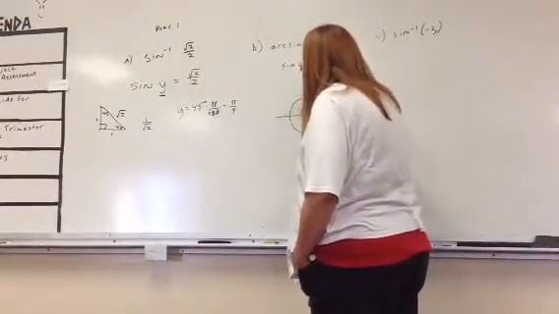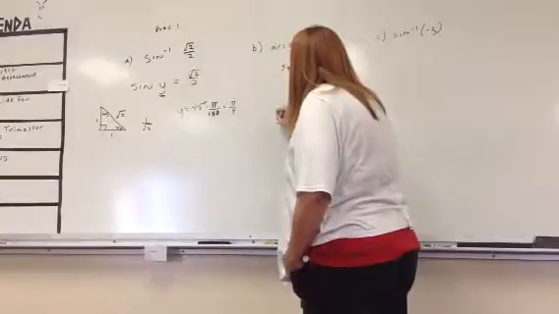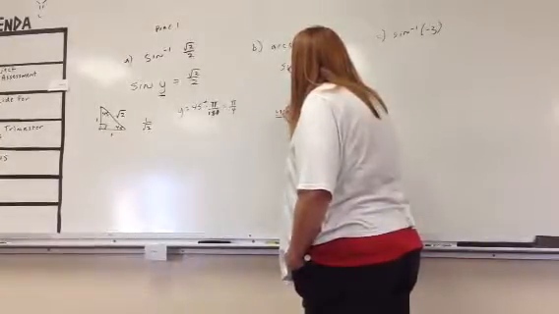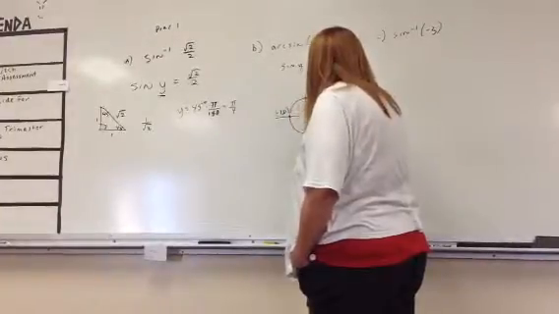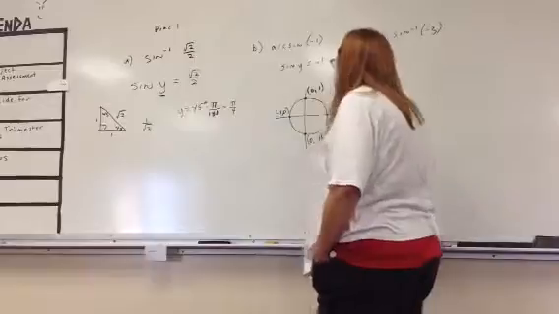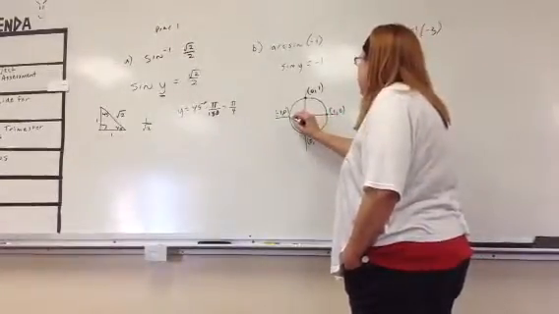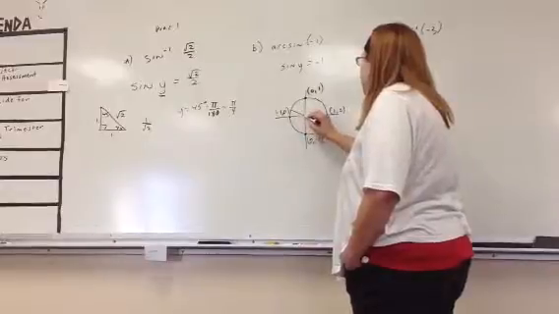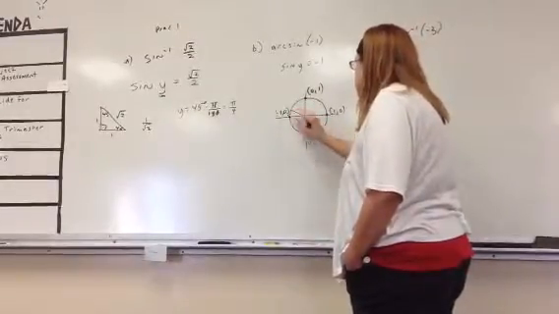This point is 0, 1. This point is negative 1, 0. And this point is 0, negative 1. What makes the unit circle weird is you really kind of have to think of it as being a triangle here that's 1 degree backwards but 0 degrees up.